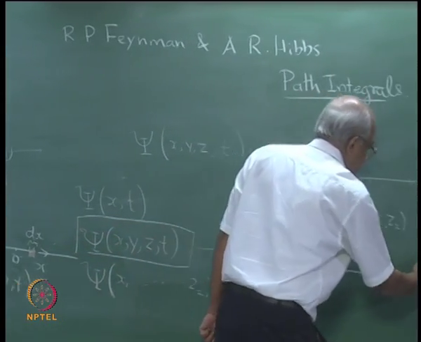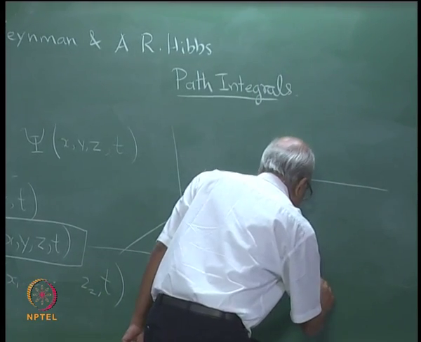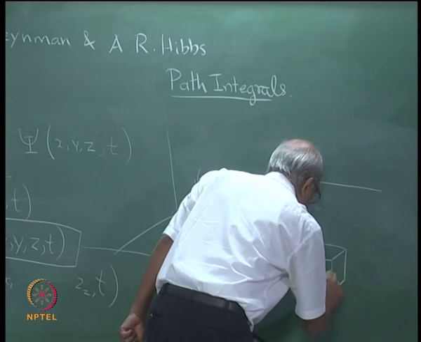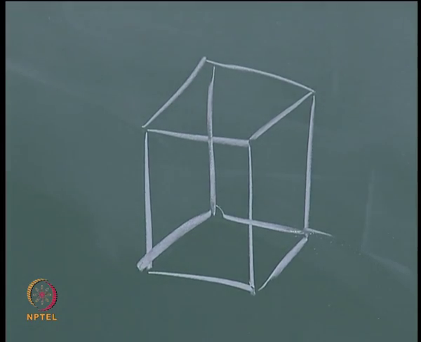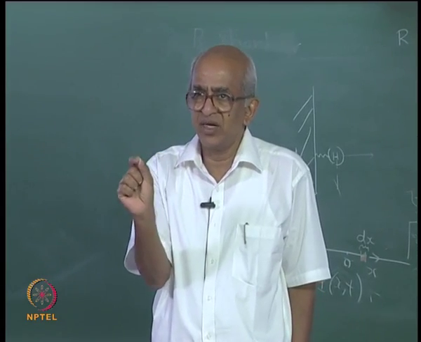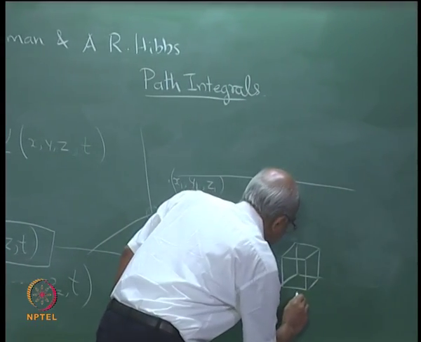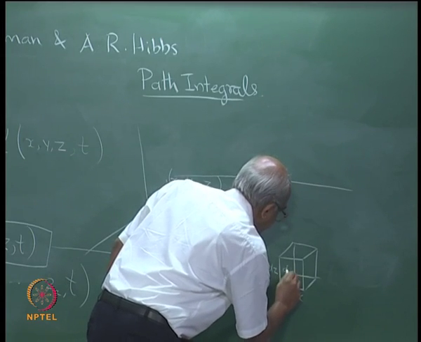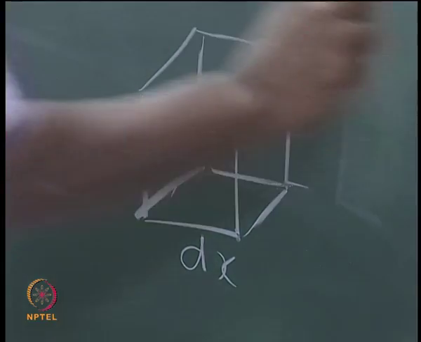And for that, imagine in 3-dimensional space, you think of a small rectangular parallelopiped region in this room, and because it is small, I will say that the sides of this small volume are dx, dy and dz. So, this is going to be dx, the height is going to be dz, and the other side is going to be dy. So, the total volume contained in this rectangular parallelopiped obviously is dx into dy into dz.